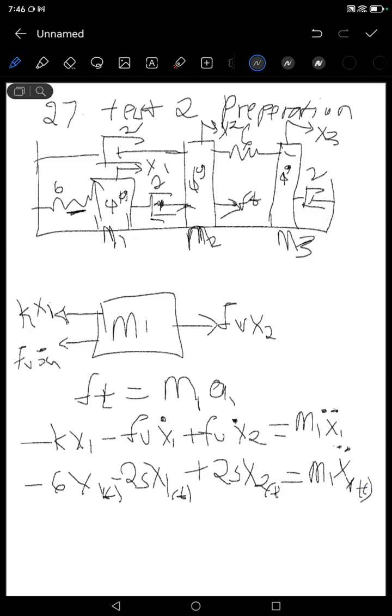And after writing our equation of motion, now we can introduce what? Laplace. Oh, I am so fast. I was already introducing Laplace when I wrote the s here. Sorry.